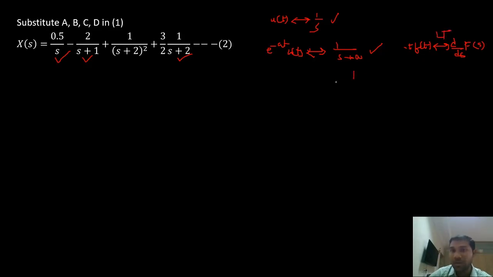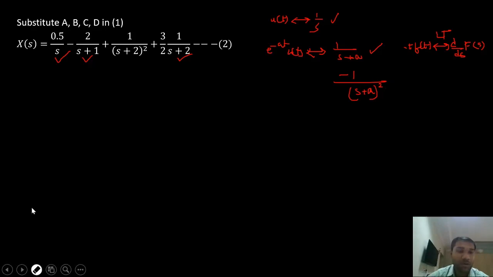So if I do d by ds of f of s here, I have s plus a whole square in the denominator, and in the numerator s plus a into differentiation of 1 is 0 minus 1 into differentiation of s plus a. Differentiation of s is 1, right? So this is nothing but minus 1 by s plus a whole square.